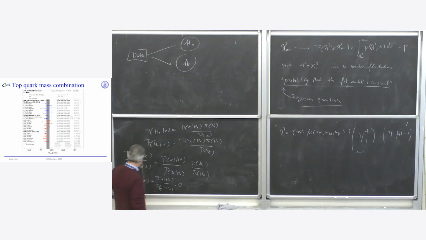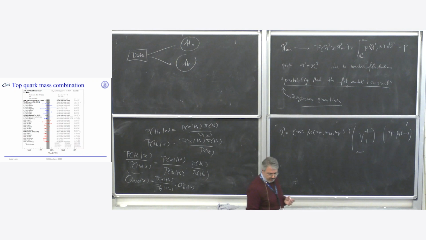So if this is capital O, and this is small o, the posterior odds is equal to the prior odds times the likelihood ratio.